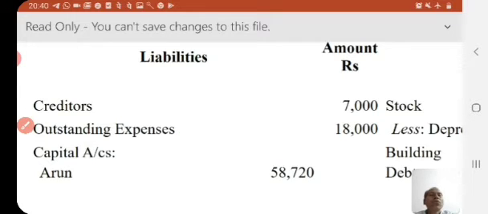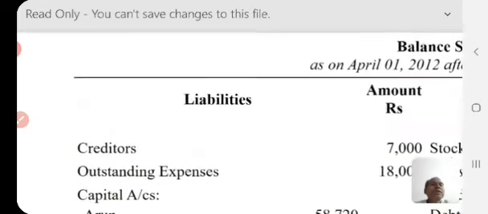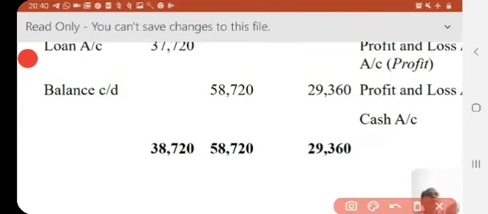Okay, now Arun balance is 58,720. See the balance. This is the balance of Arun in the capital accounts, 58,720.